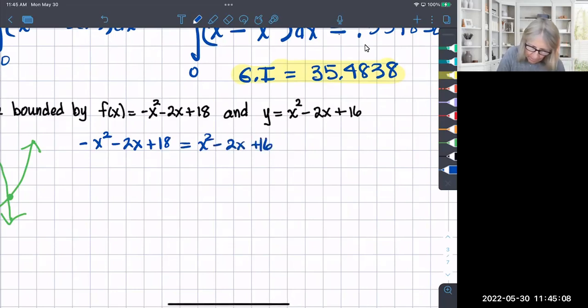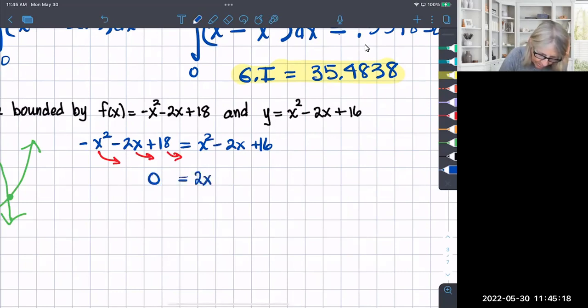So to solve this, I'm going to bring all these terms on this side over to the other side. I'm going to get it equal to 0. So if I add x squared, I'm going to get 2x squared. If I add 2x, that's going to cancel that 2x. And then if I move my 18 over, it looks like minus 2.